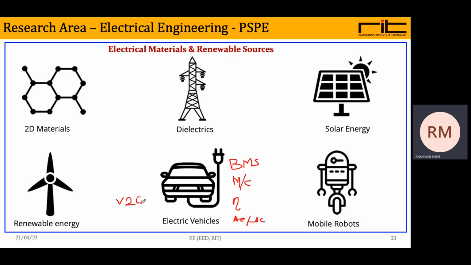So, like V to grid research is being carried out, grid to vehicle and vehicle to grid. So, these kinds of research are being taken up in electric vehicles alone.